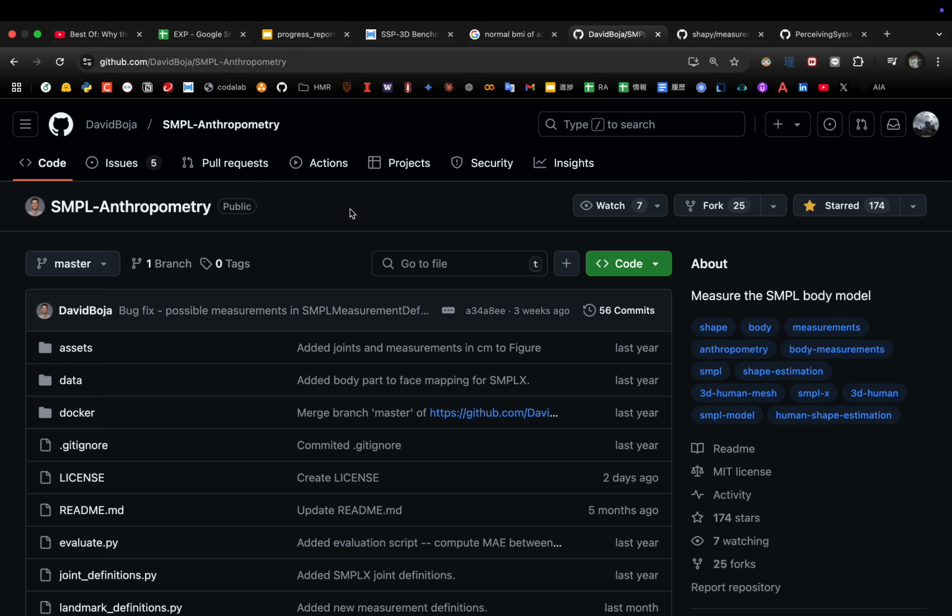The mechanism is similar: you feed in the SMPL parameters, and the model uses them to build the SMPL model, which has 6,890 vertices, and uses these vertices to generate the body measurement.